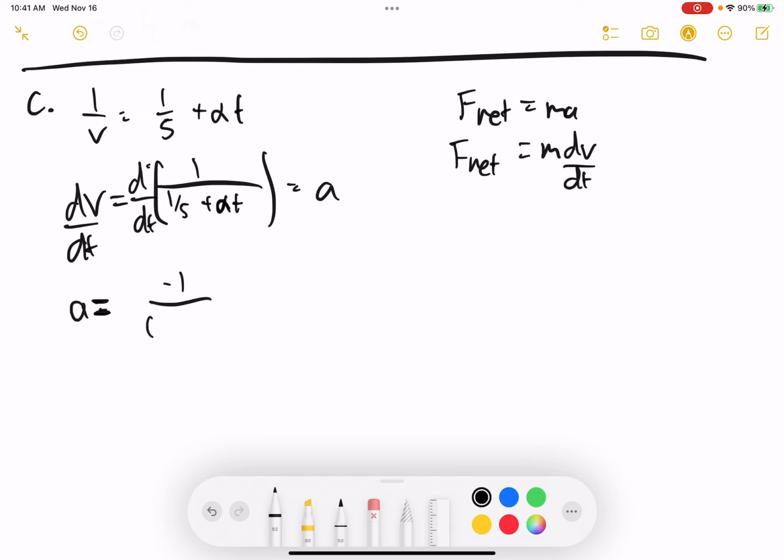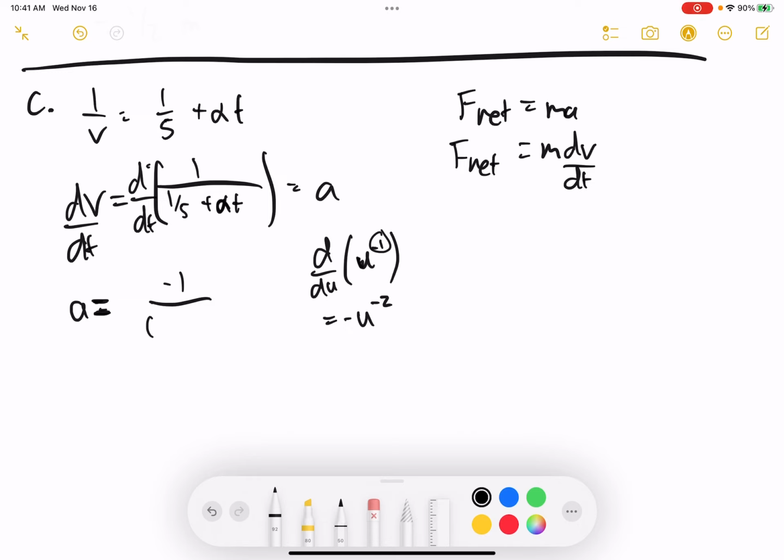I need a negative sign because, what's the derivative of 1 over u? Let me rewrite this: it's u to the negative 1. So the derivative is u to the negative 2, with a negative out front. Multiply by that number first, then subtract 1 from the exponent.